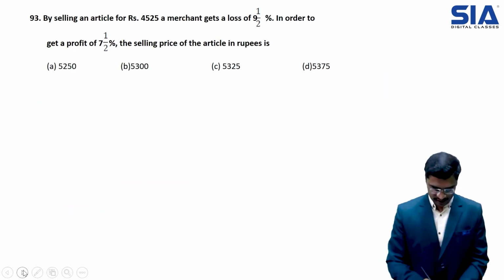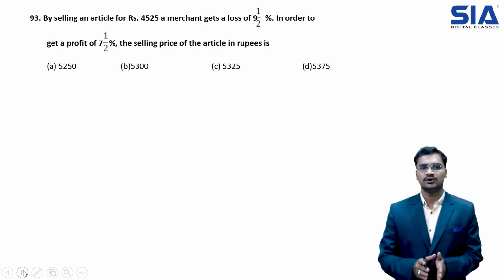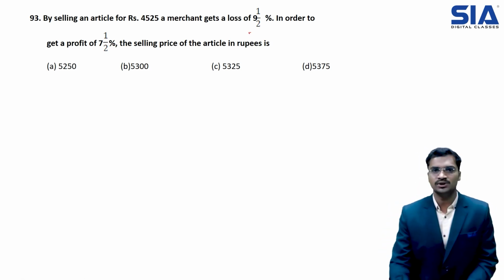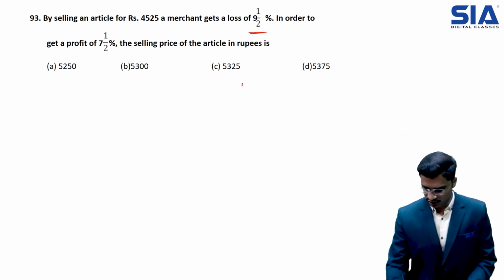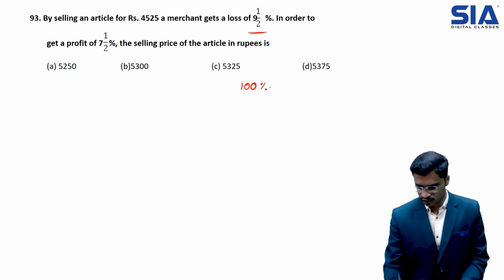Okay. Now coming to the next question, which is: by selling an article for 4,525, a merchant gets a loss of 9.5%. So a person is getting 9.5% loss. The cost price of anything is 100%.